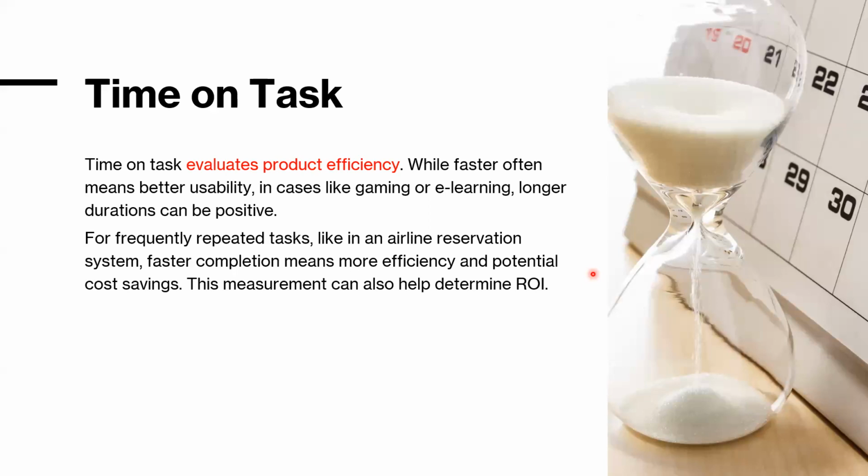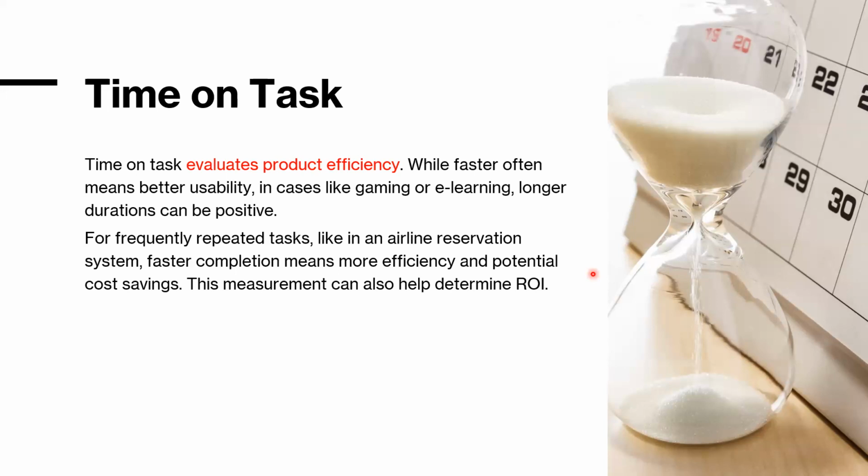But in some cases, like purchasing, booking a flight, or booking a hotel, they need a quicker time, so they want you to complete as quickly as possible, right? For e-commerce, of course, they might want you to spend a longer time on the website, because they want you to explore and introduce more and more products, right?